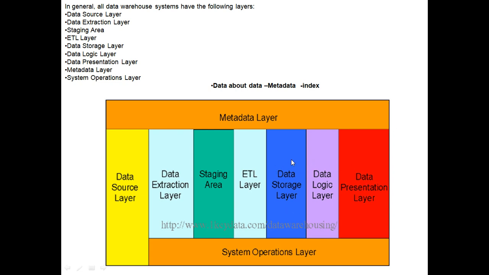That data is available here in the data storage layer. But what is the purpose of the logic layer? This layer holds the logics that are required to work on this data. So from here you can think of this as the source layer for the presentation layer.